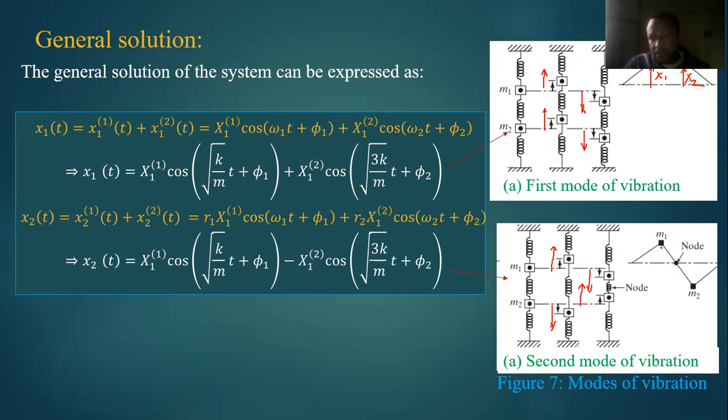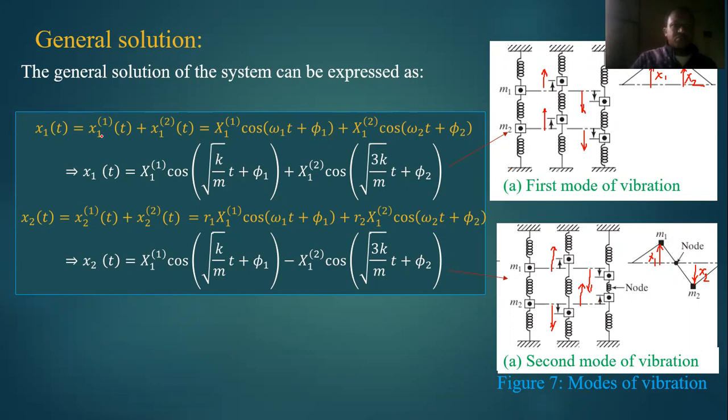But here, this is x1 from the reference position, and this is x2 from the reference position. So this is the representation, and this is the superposition of the two modes. We superpose in order to get the general solution. We superpose the two vibrations.